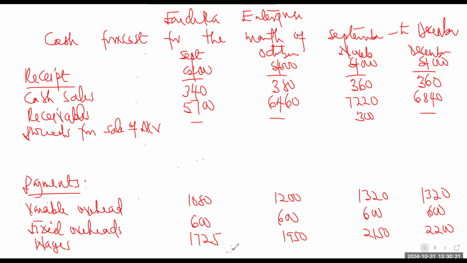Okay. So can we now put our total? I'm not sure we have any other issues there. Yes. What is the total? 6,040 for September. Okay. 6,840.